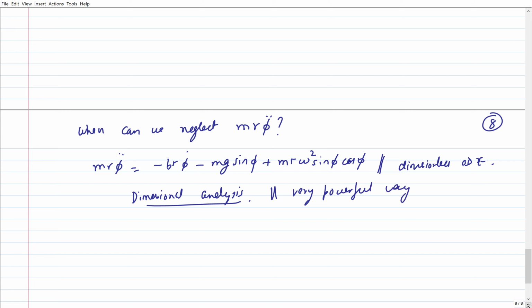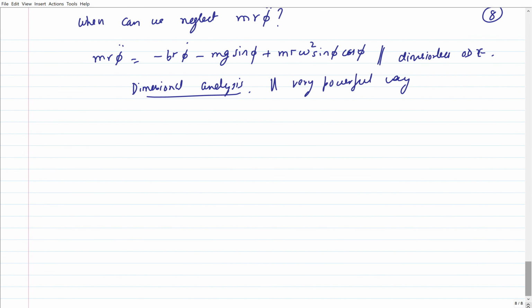to analyze the system. So what do we do? So, what are the dimensions of phi dot? There's some radians over time, so the dimension is something 1 over t. The dimensions of phi double dot are radians over time and the derivative of that. So that is something like 1 over t square. T can be chosen later.